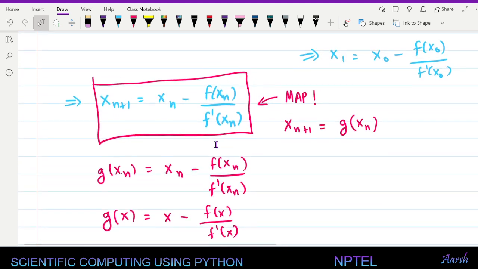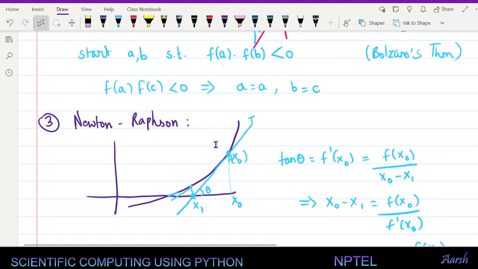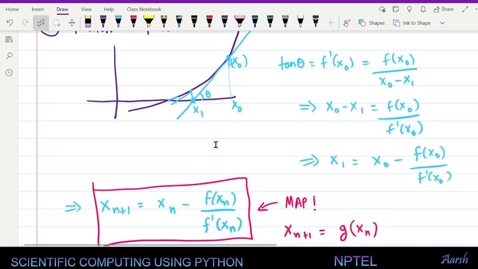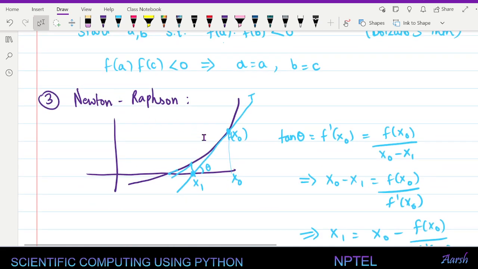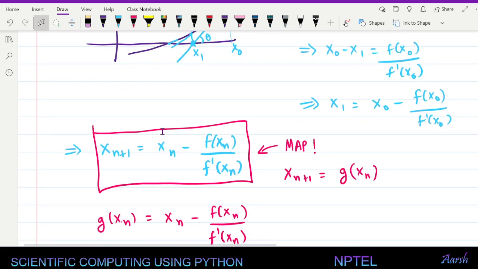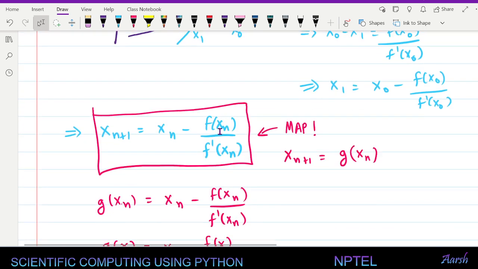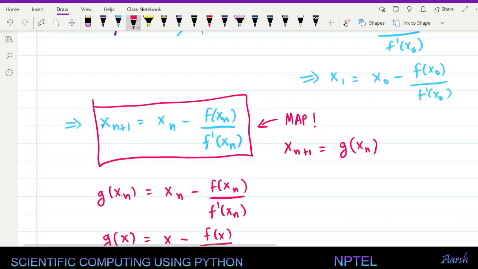Okay. So let me quickly go through it. You have probably seen it. This was there in the class, that the algorithm for Newton-Raphson is this: xn plus 1 is equal to xn minus f of xn upon f prime xn. And then I said something new which was not there, that it is a map, because maps were discussed later on.